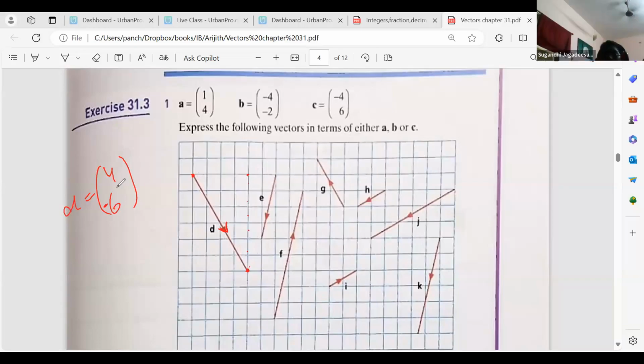And you can see it is -c, because it is 4, minus 6. So like this, you have to express these vectors.